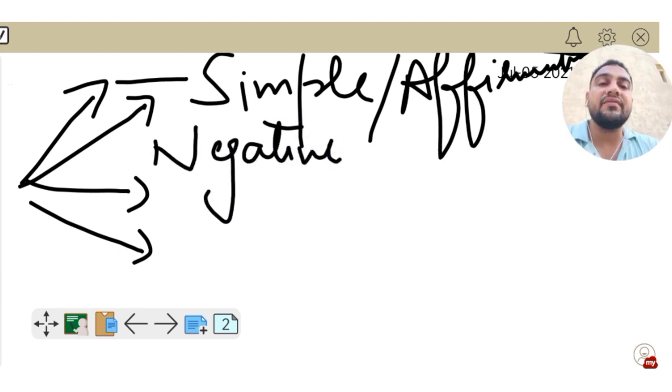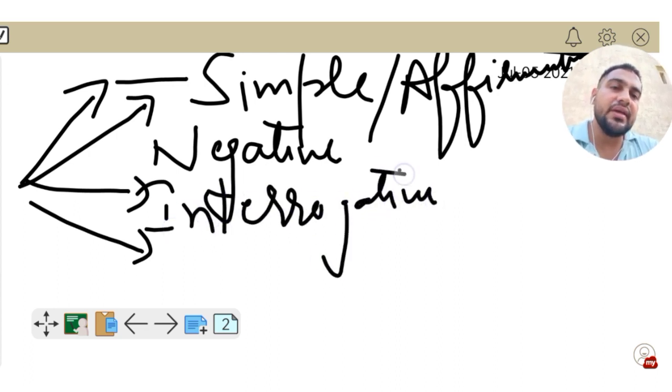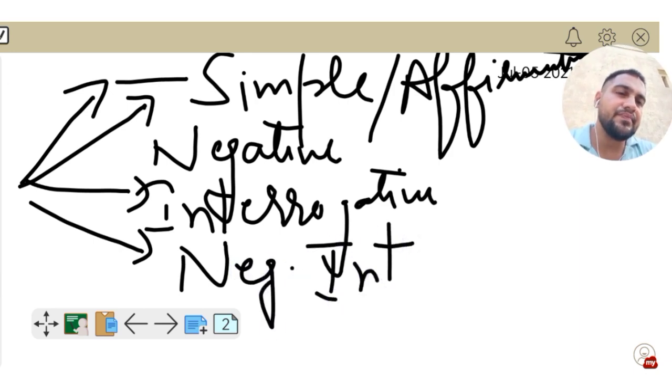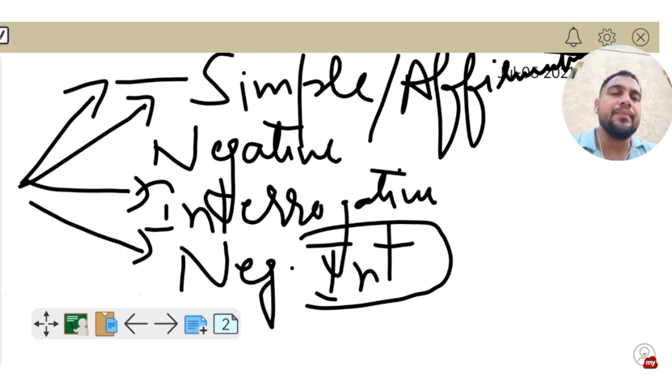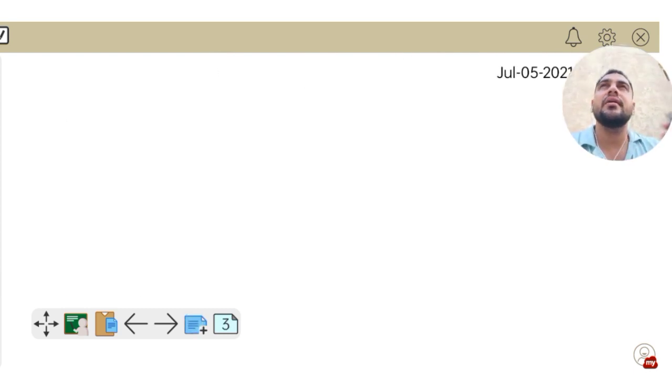Then we can write an interrogative statement, and the last will be the negative interrogative statement. Try to understand that. We can write four sorts of statements using the same tense, but we should know exactly what the helping verb or auxiliary verb used in the past perfect is, and which main verb, which form of the verb, is to be used here.